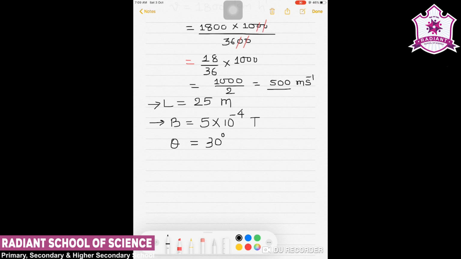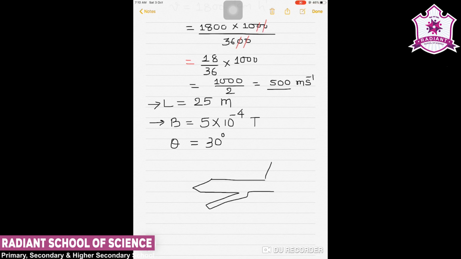So the plane is traveling like this, and we can consider the direction of the wings like this.